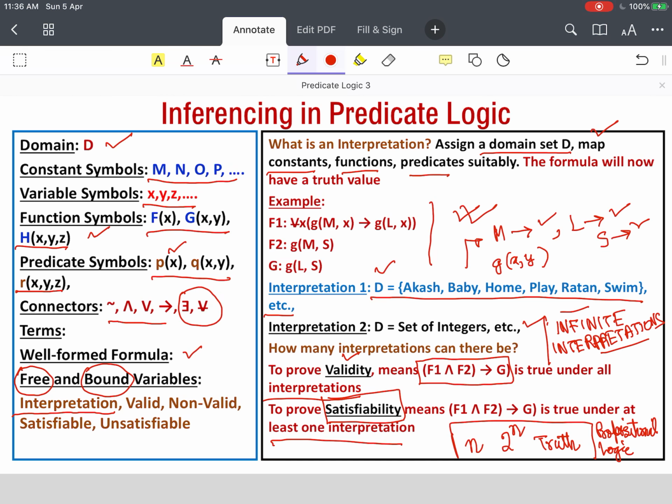We also discussed in the previous lecture that this problem is undecidable and there are paradoxes. So it means that it cannot be fully solved, but it is partially solvable in the sense that if a formula is valid, there is an algorithm to find it without infinite time, without going through all the infinite interpretations. So a finite algorithm exists in case it is valid.